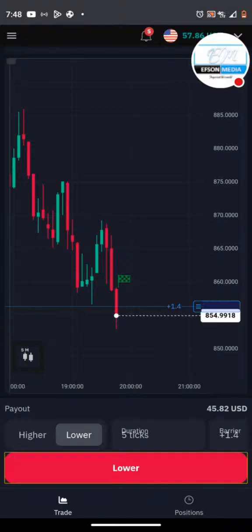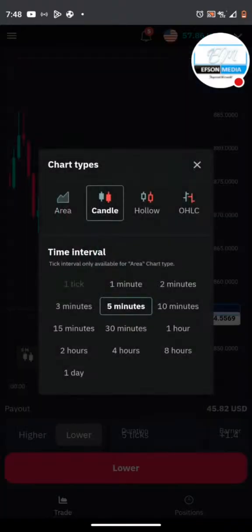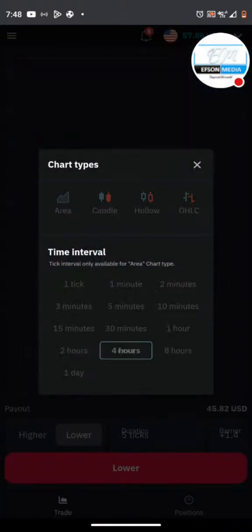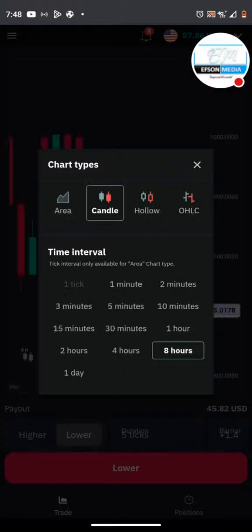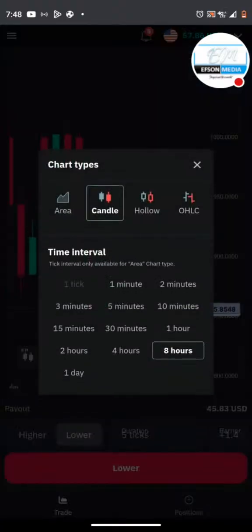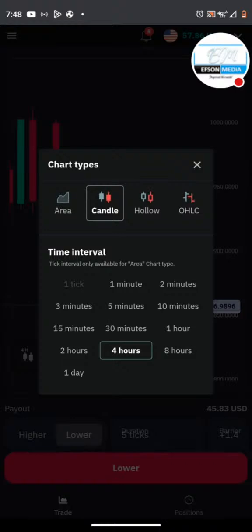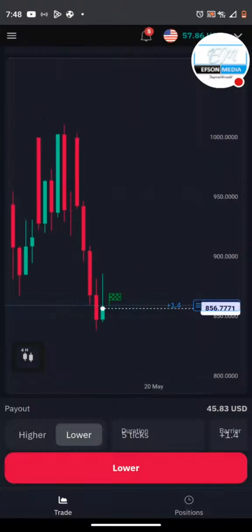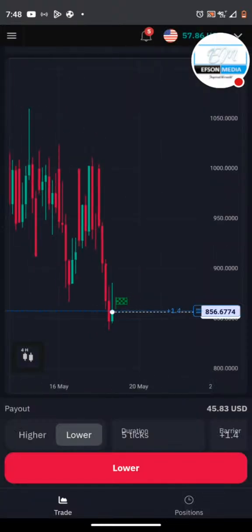So we just look at another opportunity and a time. Watching our time, now it's 7:48. The 8-hour candle is showing a downward move, the bears are pushing down.